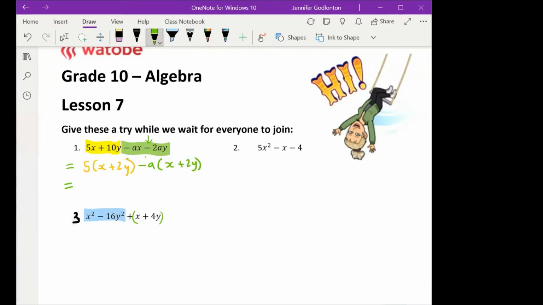Then when I get to this point here, I can take out my highest common bracket, which is x plus 2y. And I write what I have left from my terms, which is 5 minus a. And that is our grouping.